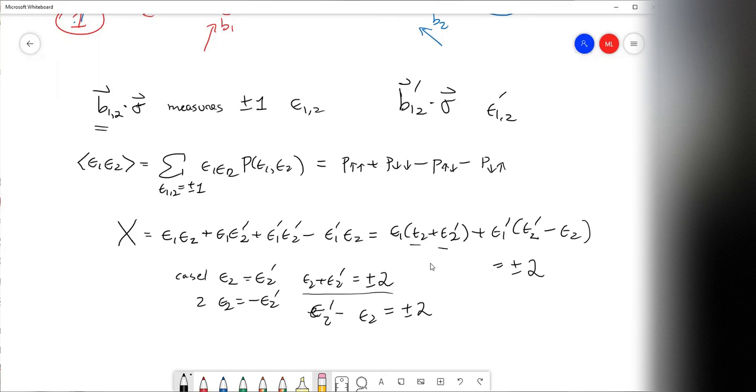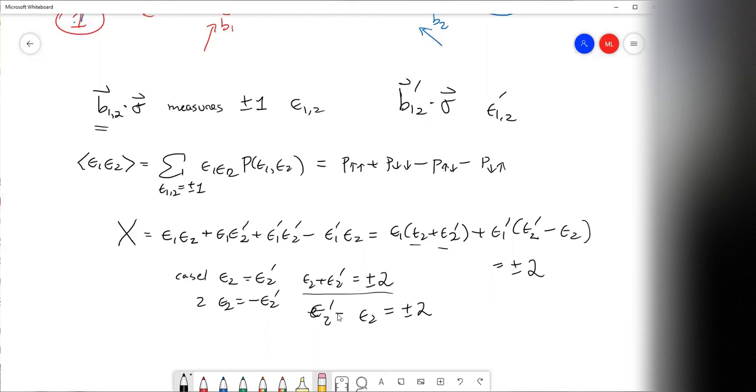If there's a sensible way in which we can think about these measurements simultaneously, in the sense that even if we don't make those measurements, then this has to be a valid thing, right? There's only 2 options here. Either you get plus 1 for both of them or minus 1, and then you have this condition, or you get plus 1 and minus 1, different values, and then this is the only possibility.